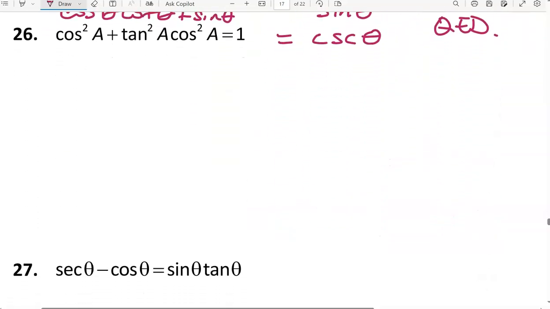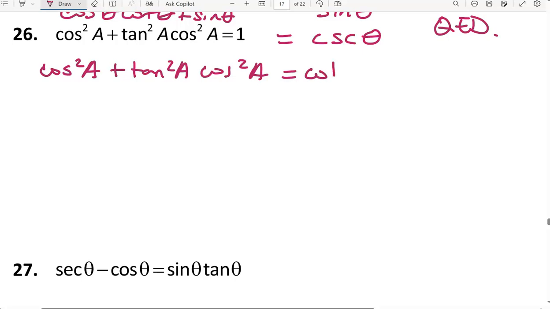In number 26, I'll start with a statement that the cosine squared of angle A plus the tangent squared of A times the cosine squared of A is equal to itself.